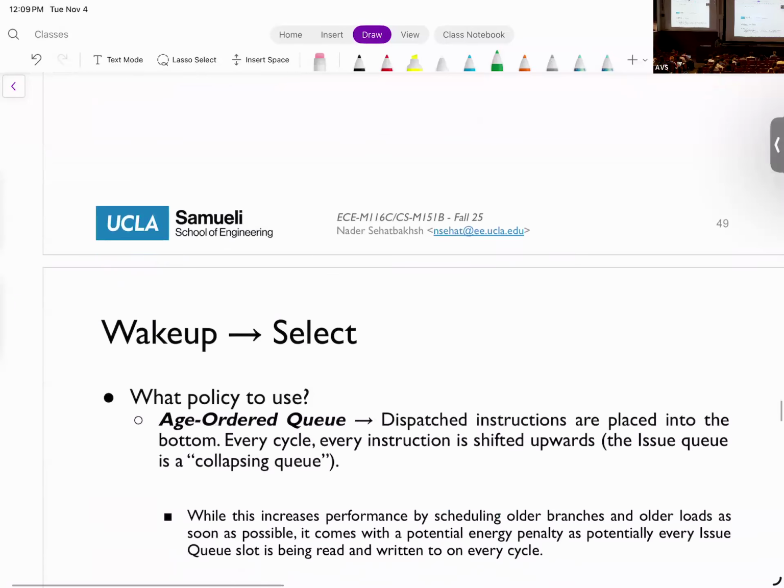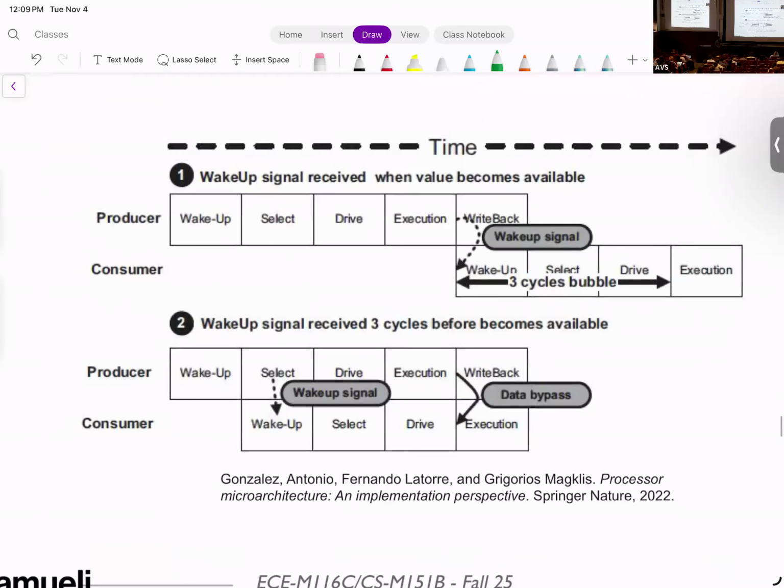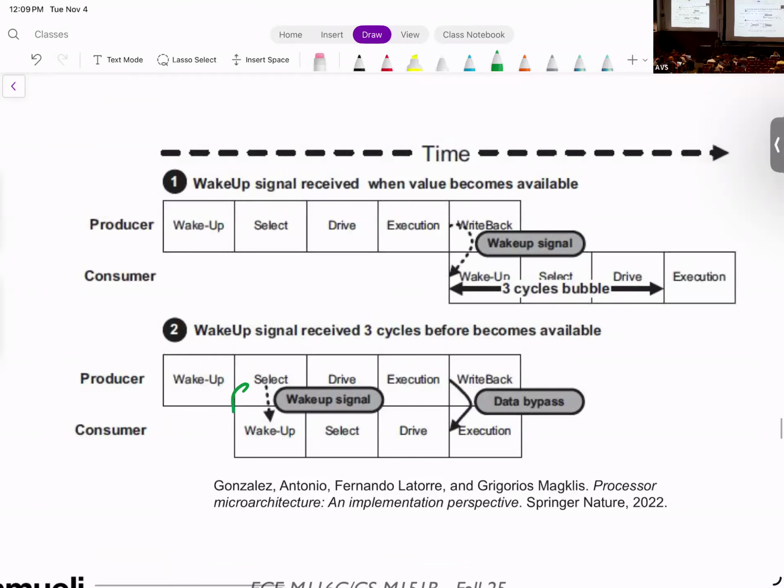But if you have a very deep pipeline like this, then you can actually wake things up pretty quickly. When you're selecting the producer instruction, you also wake up the dependent instruction, the consumer instruction.